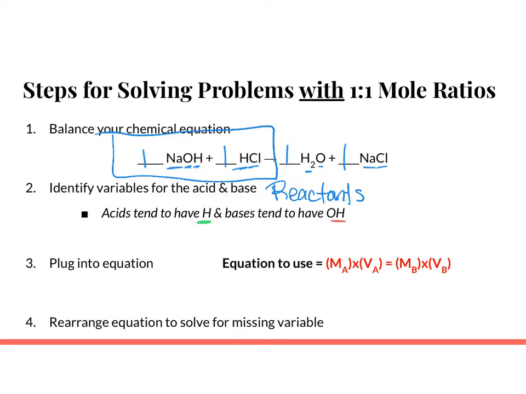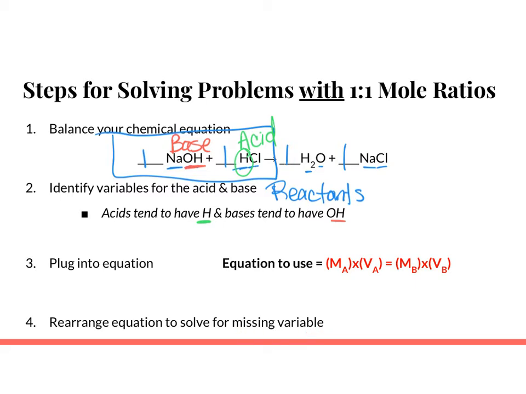So I see my H out front: HCl has to be my acid, and that means the OH that I see here has to be the base. That's going to be important as you figure that out as well. Then we're going to plug into our equation exactly as it is: the molarity of the acid times the volume of the acid equals the molarity of the base times the volume of the base. And then all we're going to do is rearrange the equation to solve for the missing variable.